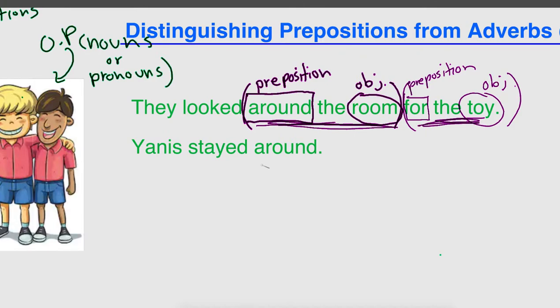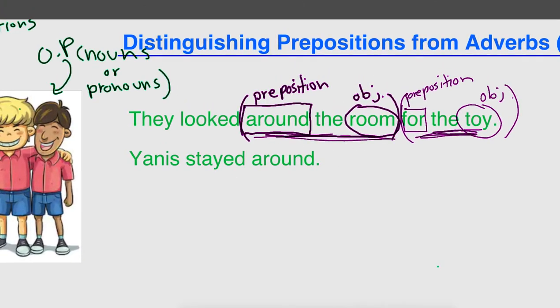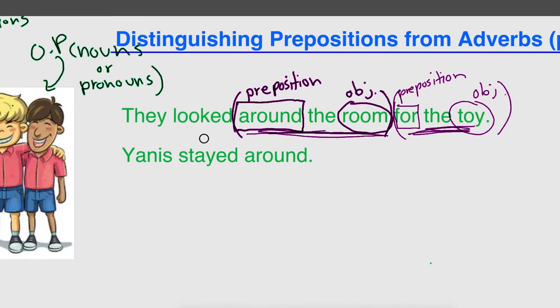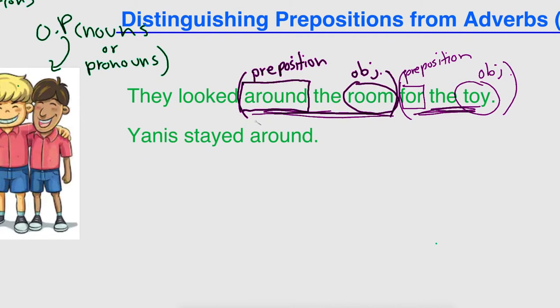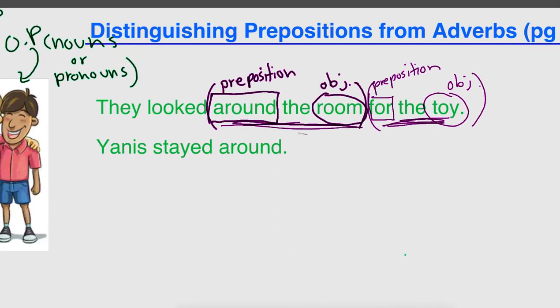So here's another example: Giannis stayed around. I'll try to use all of you as examples eventually. One thing to keep in mind here, guys, is that prepositional words can also be adverbs, okay? So a word can be either an adverb or a preposition. In this lesson, we're trying to figure out which one it is, because they can't be both.